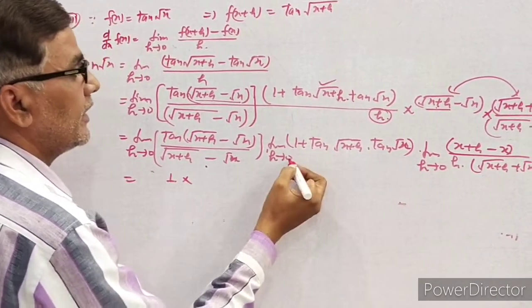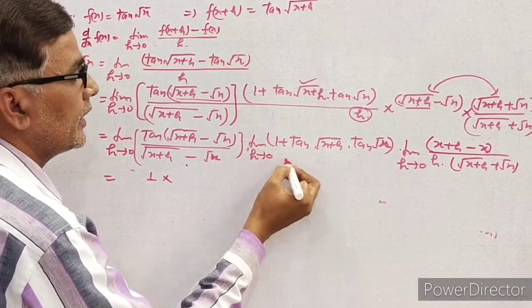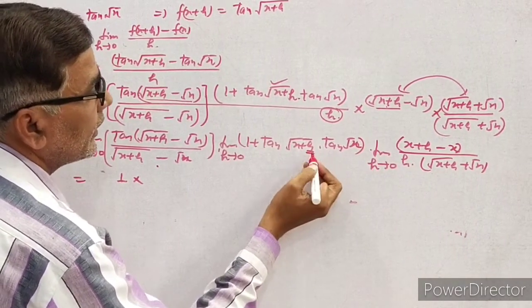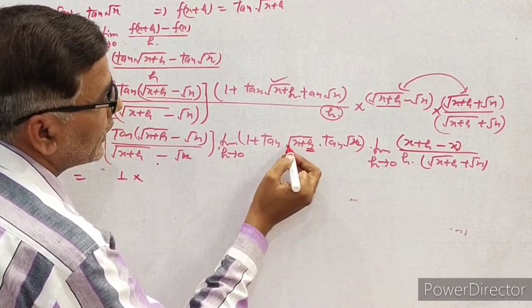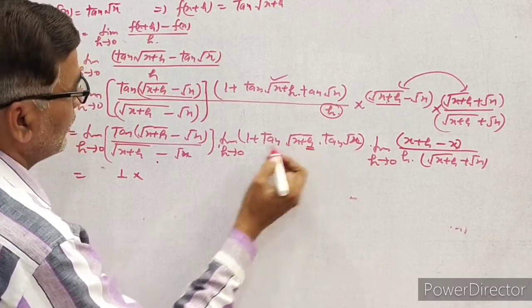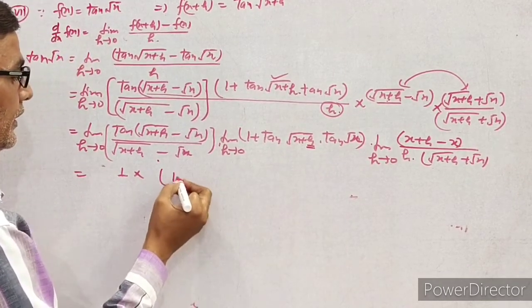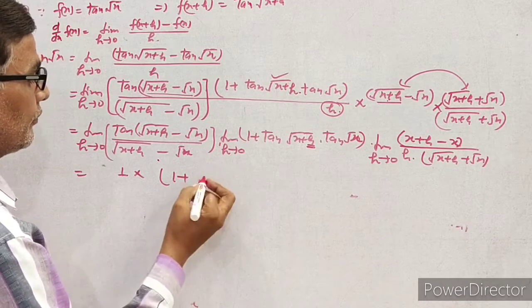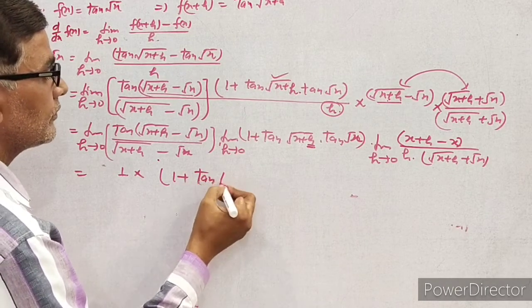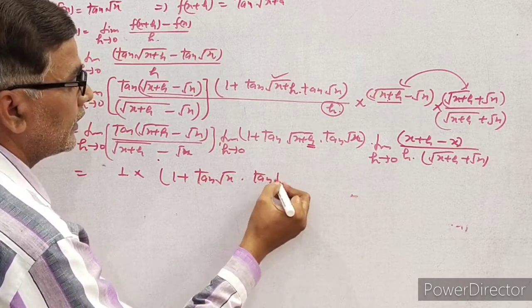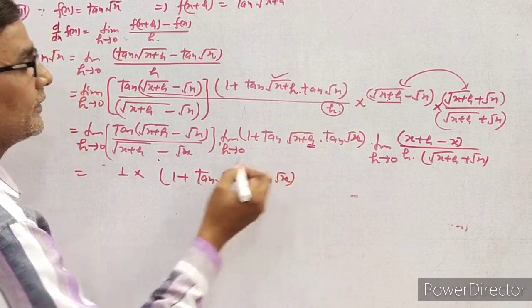On extending the limit, we have to replace 0 in the place of h. When we replace 0 here, we have root of (x plus 0), that is root x. So we can write this in this manner, tan root x and into tan square root of x.